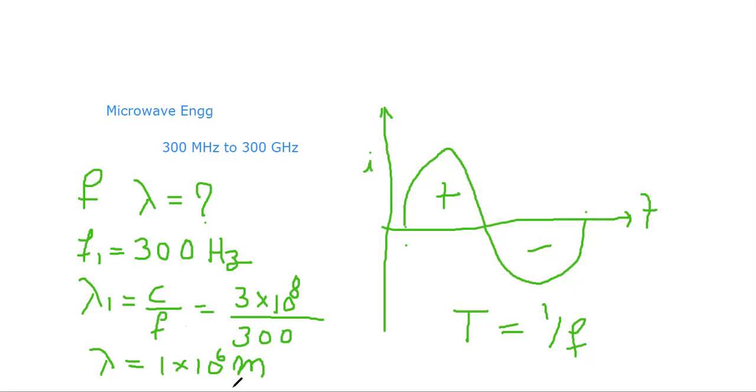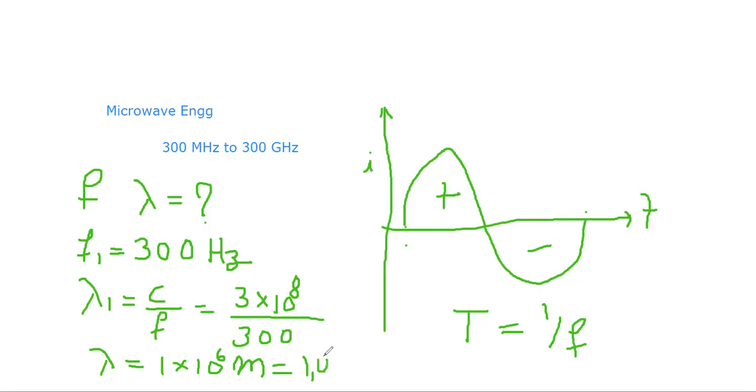Okay, 1 into 10 to the power 6. So this is the unit balance. So this much is the meter. So may I say it is equal to 10 to the power 3 plus 10 to the power 3.